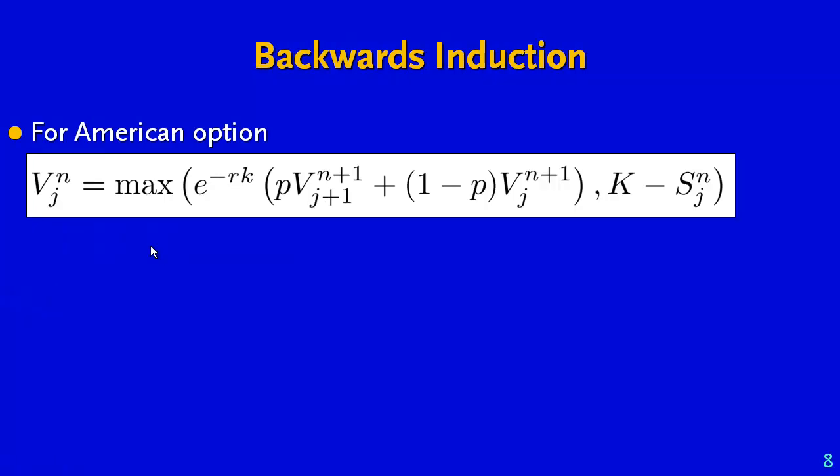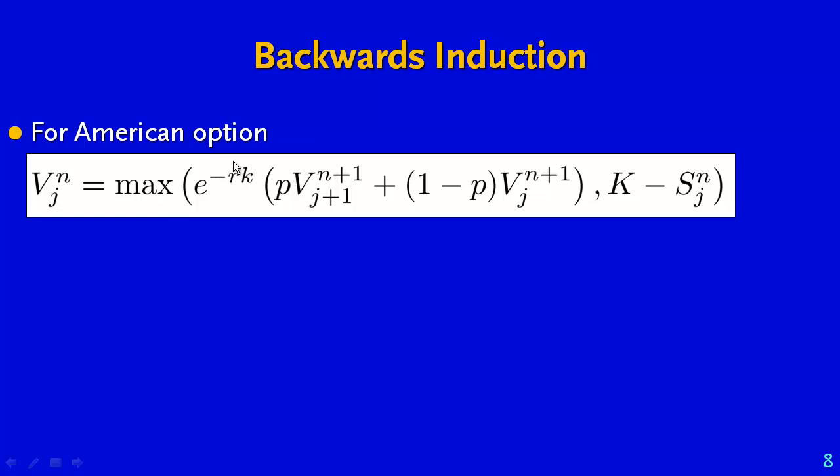So basically, for an American option going backwards, we have a discrete mesh at level n plus 1 at the point j plus 1 and the point j. This is for an American option here with the constraint built in.